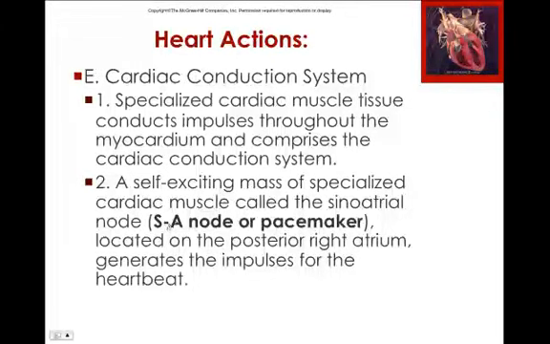Okay? So again, the SA node consists of these muscle cells that are self-exciting. They can excite themselves. And this is what we call the sinoatrial node, or the SA node, or pacemaker. Okay, and that's why oftentimes you hear the general public call it the pacemaker of the heart. That's the SA node. And it's located on the posterior, or the back side again, of the right atrium. And that's going to generate the impulses for the entire heartbeat.